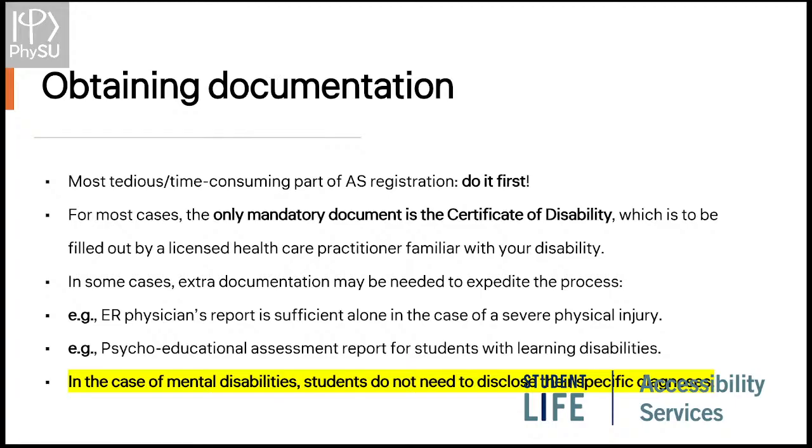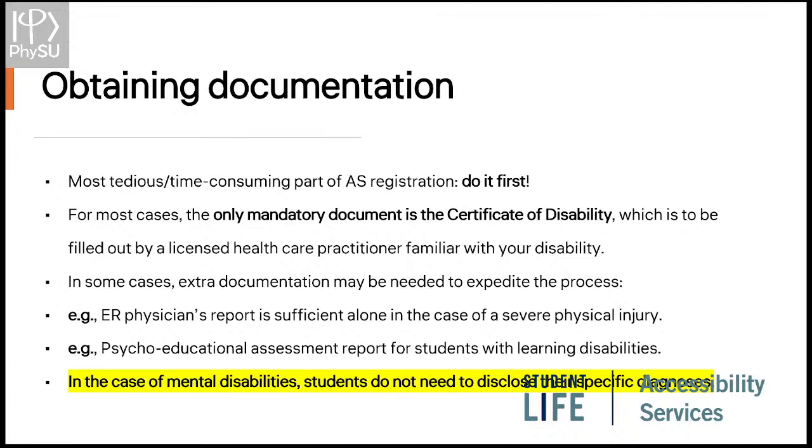So in other words, if you have a physical disability, an ER report is actually sufficient alone. You don't need to fill out a certificate of disability in this case, but that's only if you have had a severe physical injury and your emergency room physician or neurologist has specified the effects it'll have on your mental condition.